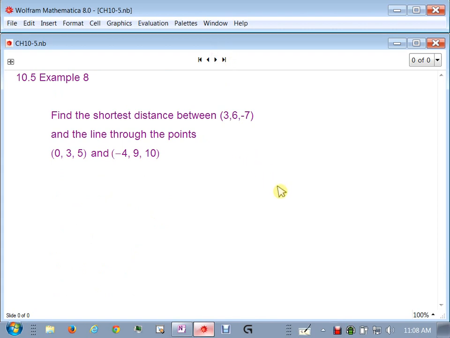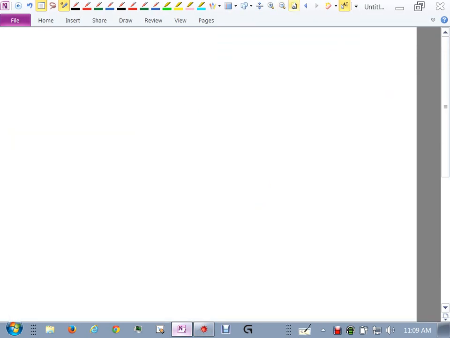Find the shortest distance between the point (3, 6, -7) and the line that goes through two different points. So here's a picture of what's happening. I'm given a point, this is like the P. This is (3, 6, -7).